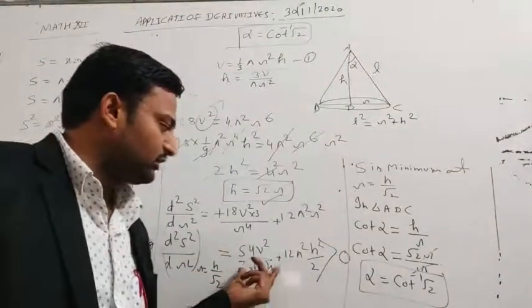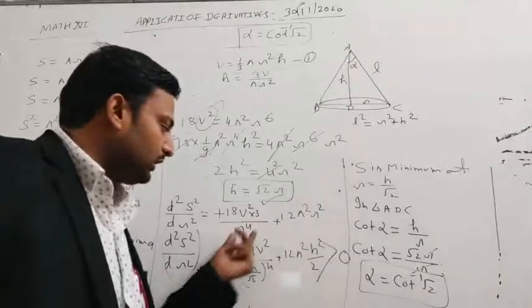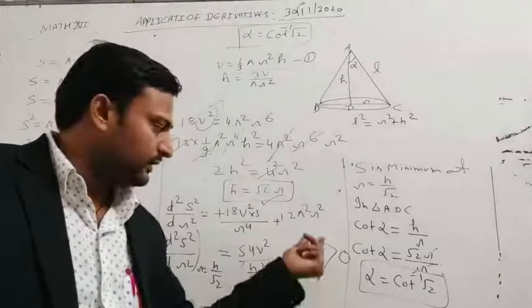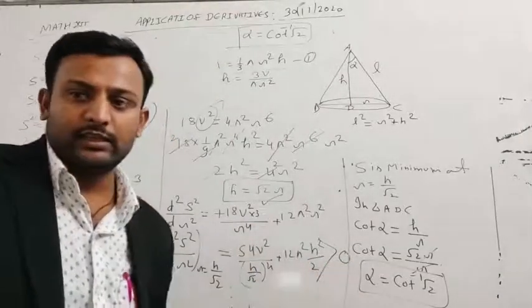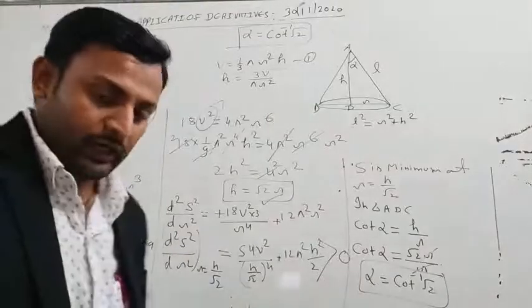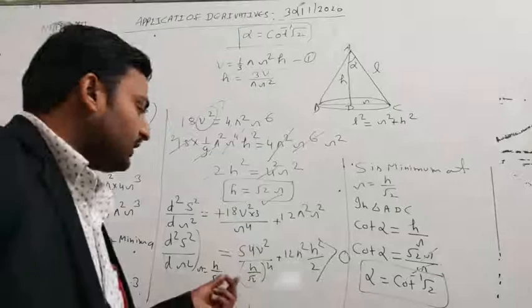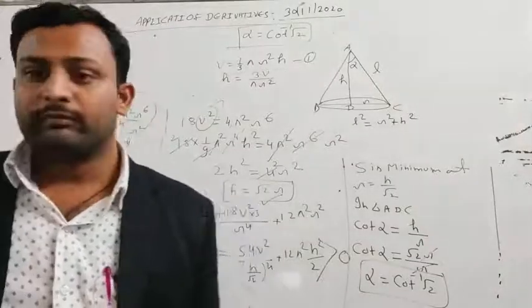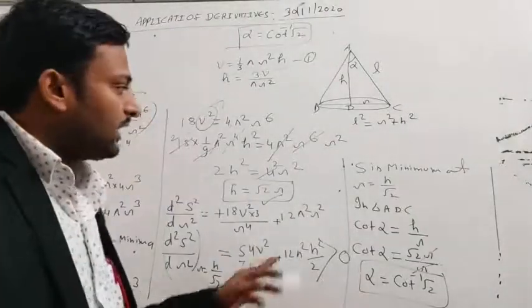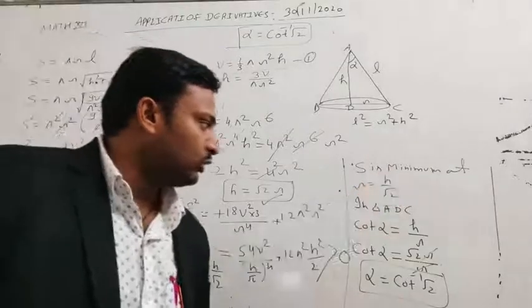This quantity is positive, this is positive, the whole right hand side will be positive, so this is greater than 0, and you know that if the second derivative is greater than 0, we can say that the surface area will be minimum at the point r is equal to h by root 2.